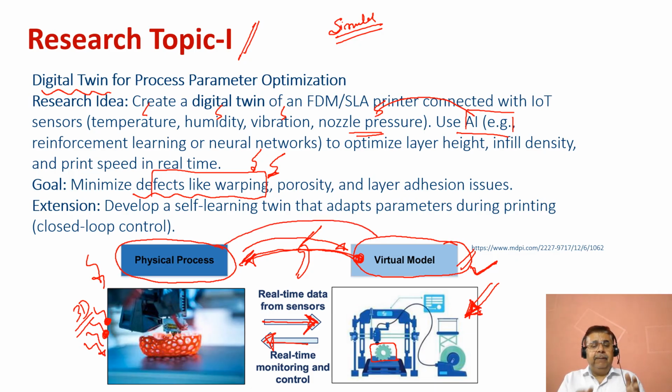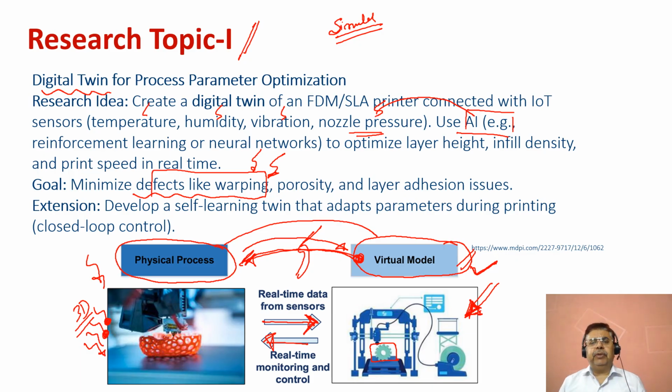In a normal case you have one physical model, and in the case of a digital twin, the replica of this physical model is available to me in the digital domain, and they are all fully connected with each other through sensors, and real-time information exchange takes place between these two. The ultimate goal is to reduce the defects of the 3D printed part.